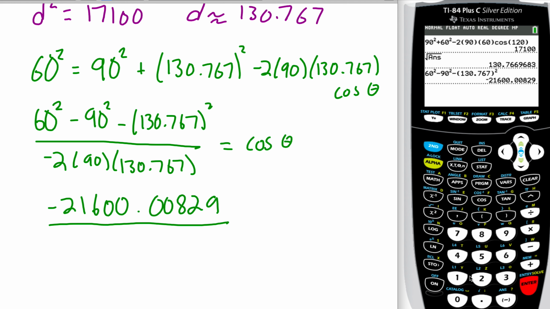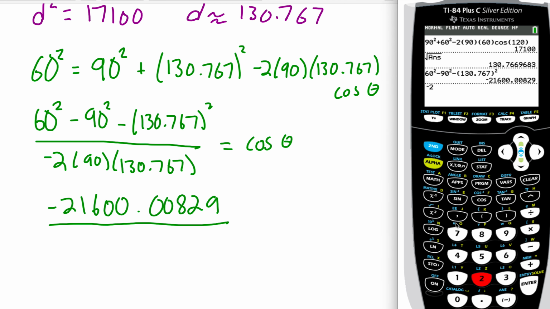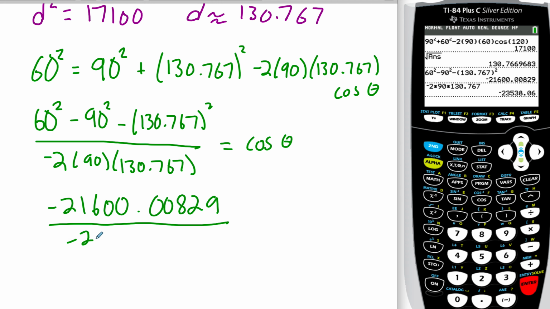Now I calculate the bottom. Remember, you do it one at a time, because a lot of the time if you don't do this, it's not even going to give you an answer when you do the inverse, which we're going to do in a second. Now I'll write this: negative 23,538.06.